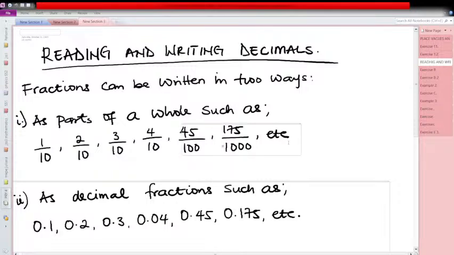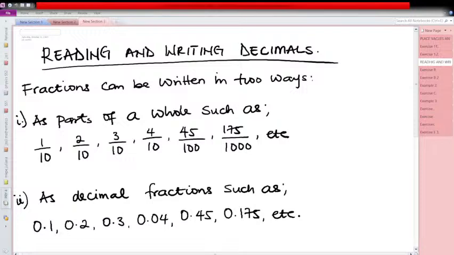Fractions can be written in two ways. One, as part of a whole, such as 1 over 10, 2 over 10, 3 over 10, 4 over 10, 45 over 100, 175 over 1000, etc.